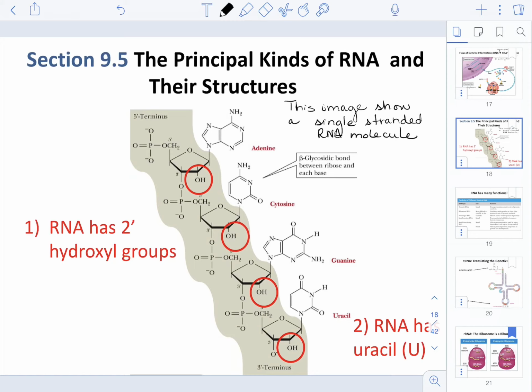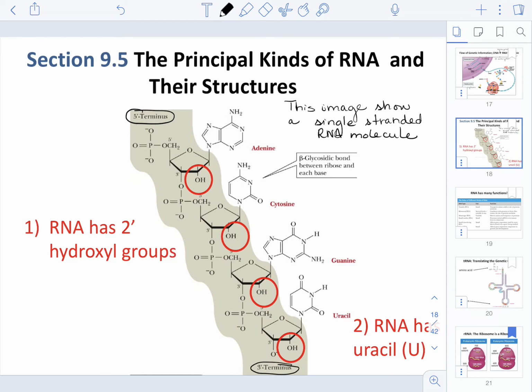And many of the RNAs that are in organisms are going to be single-stranded. Now, when it comes to how we compare the single-stranded RNA to DNA, these are the features that in a way they share with each other. First, the structure of RNA has a 5' terminus and a 3' terminus.